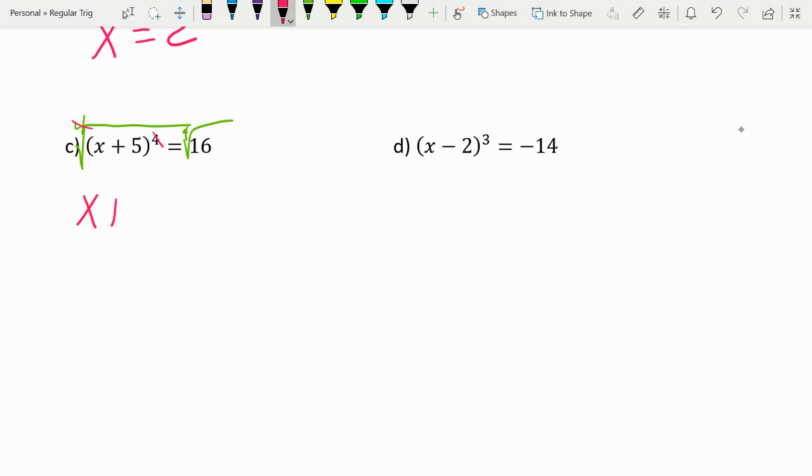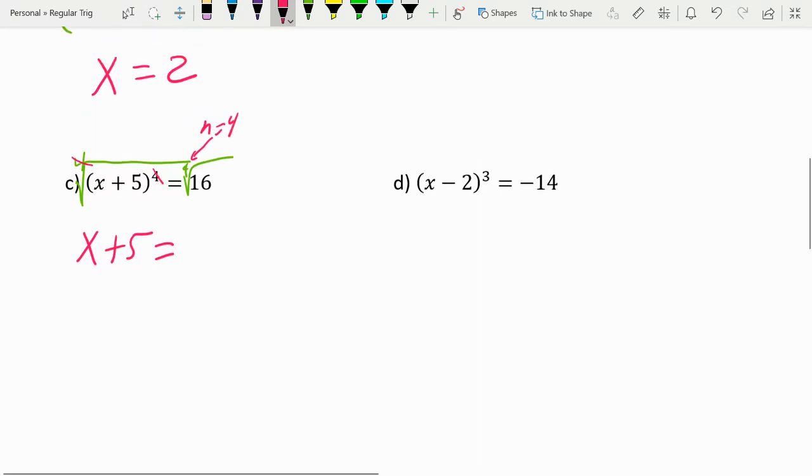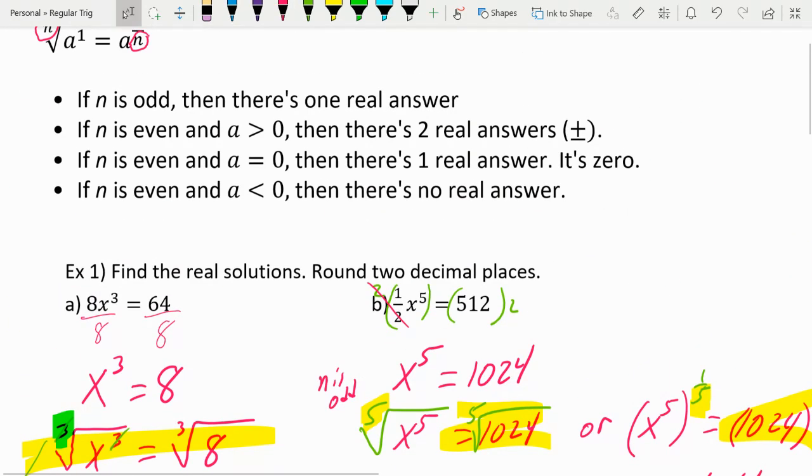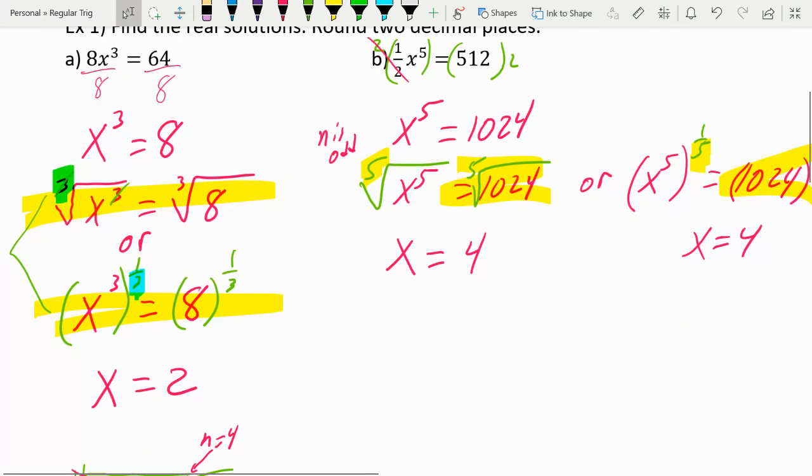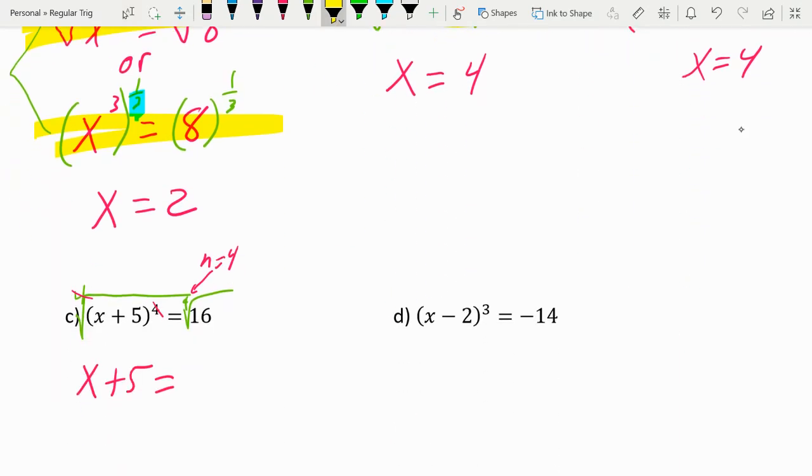I'm going to be left with x plus 5 is equal to, now here's n, n is equal to 4. Well, n is even, so it's going to be one of those. N is even, but what is a?